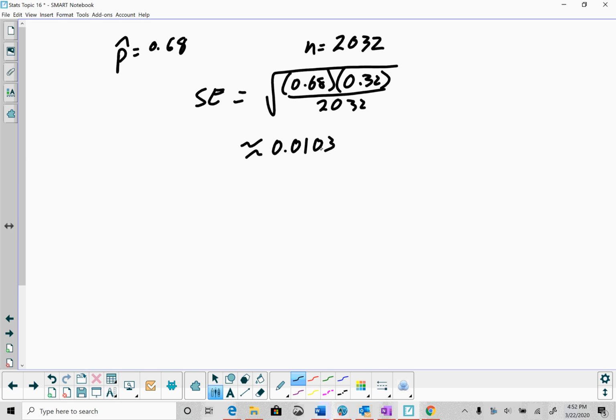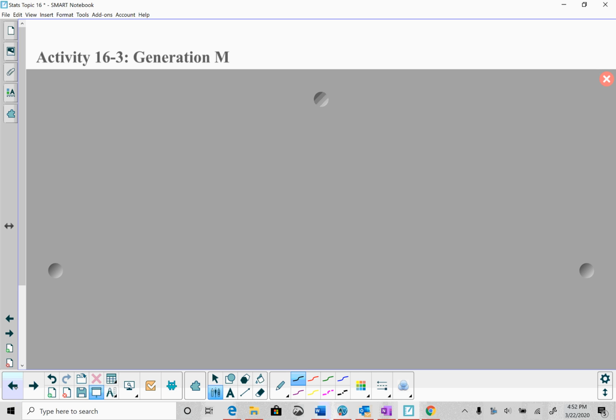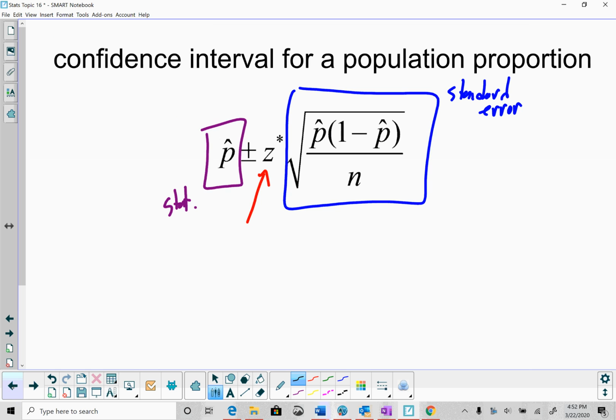Okay. Now, if they're asking us to use this sample to construct a 95% confidence interval, for my confidence interval I'm going to take the value for p hat. I'm sorry, let me go back. Get rid of this stuff here so we can see exactly what's going on.